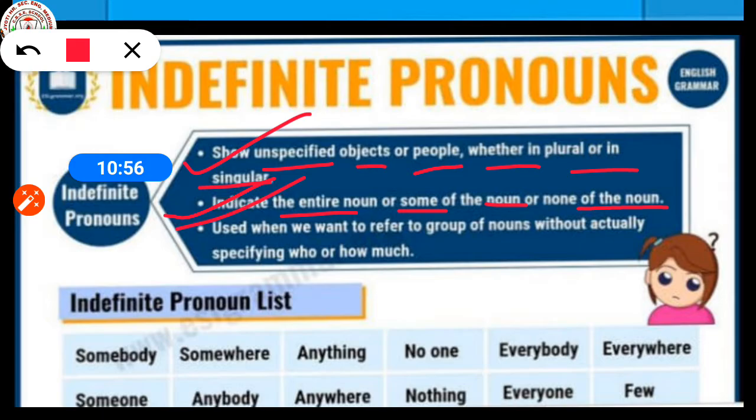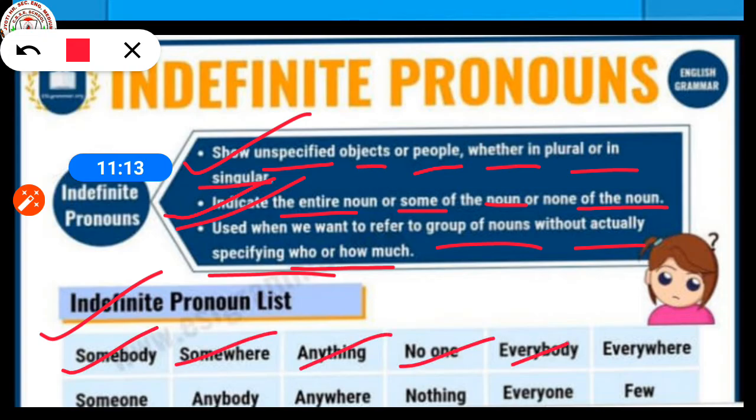We use indefinite pronouns when we want to refer to a group of nouns without actually specifying who or how much. You can see the indefinite pronouns list: somebody, somewhere, anything, no one, everyone, everywhere, everybody, someone, anybody, anywhere, nothing, few, etc.